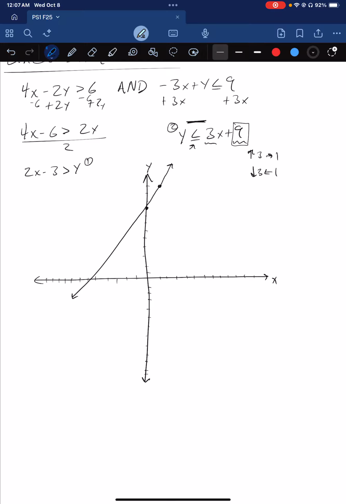Let's use 0, 0 and plug in 0 for each of these. We get 0 less than or equal to 3 times 0 plus 9. 3 times 0 is 0. 0 less than or equal to 9. Yup. So we would shade in the area that includes 0, 0.